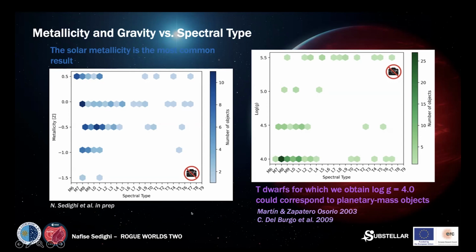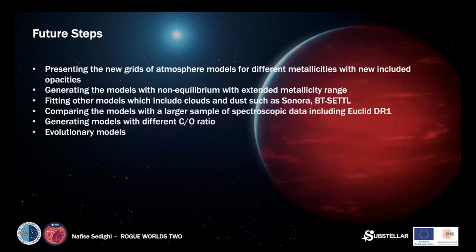Based on these two references that I put here, figure 4 of the first one and figure 15 of the second one, the evolutionary models in these two references show that objects with gravity below 4 are planetary mass objects. So hopefully with the new spectra, we will have more results for these T dwarfs.